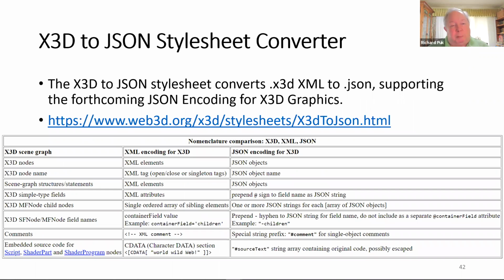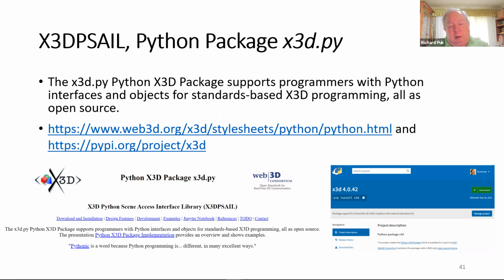It's important to note that Python is a language that was developed after X3D, and yet when we started developing a Python interface to X3D, it turned out to be relatively straightforward using any of the Python environments. Correct. Thank you, Dick.